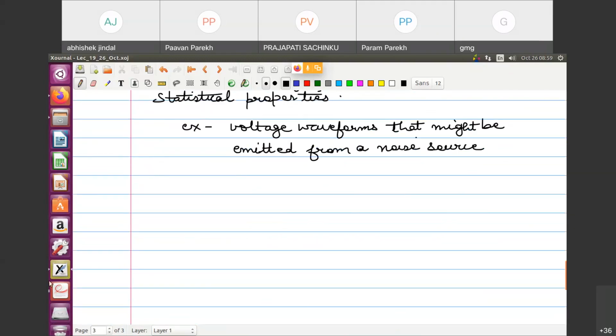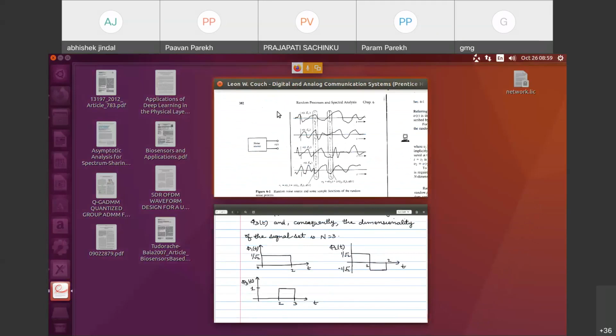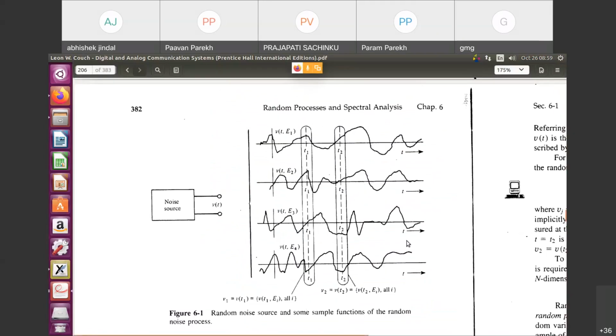For example, let us see this. This is the figure given by the author, and now you can see a random noise source and some sample functions of the random noise process. Sample function means one of the possibilities of this random process. It will be a function of time. So you can observe it for a particular time, let us say at T1.